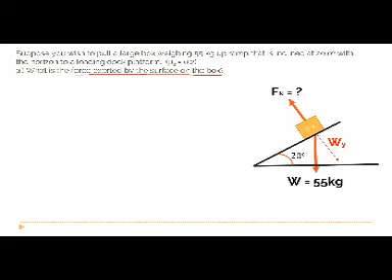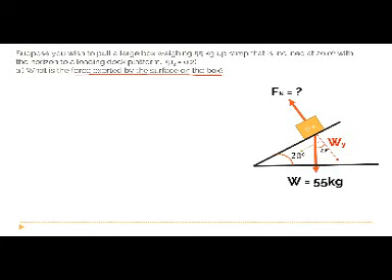To solve for it, we will use the cosine function, where cosine is equal to adjacent over hypotenuse. And take note, the angle is equal to the angle of elevation, which is 20.0 degree.